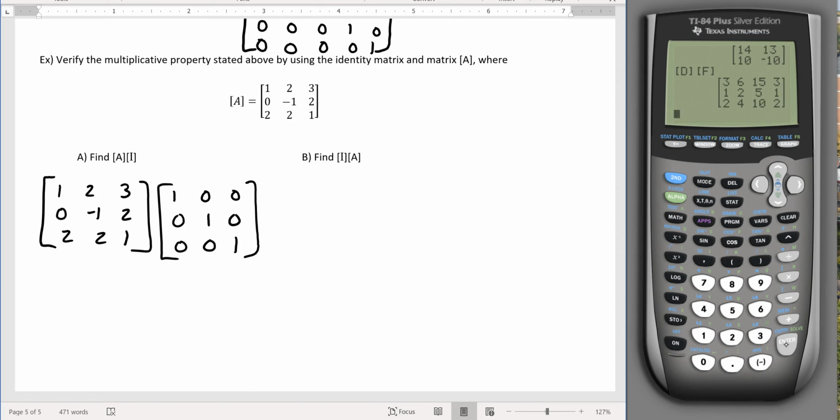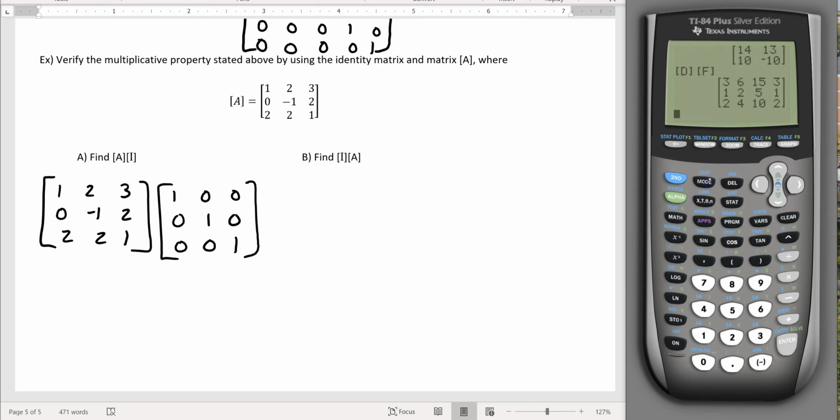Now, we can't really get down to I in our matrix idea here. Oh, there's I. So if you want to type in I as the identity matrix, heck yeah, let's do it. I is going to be a 3 by 3 of 1, 0, 0, 0, 1, 0, 0, 0, 1.